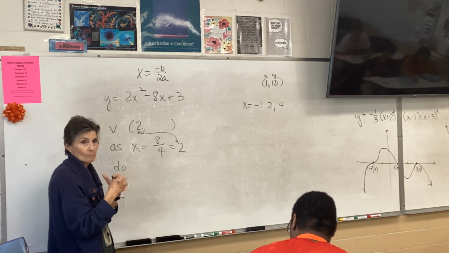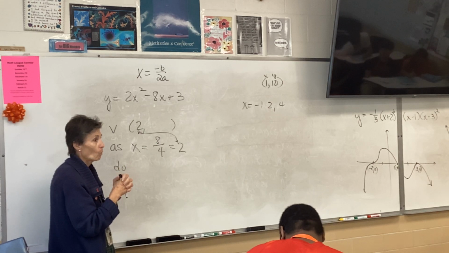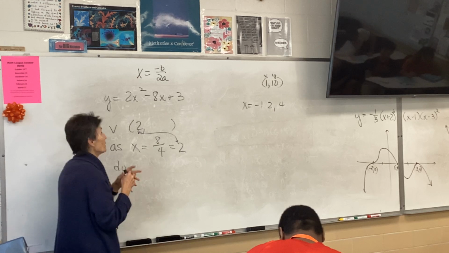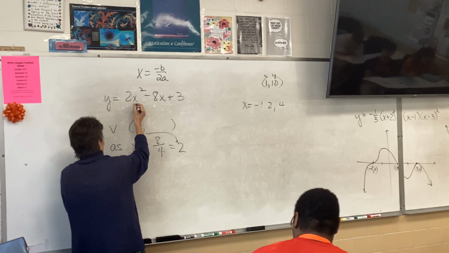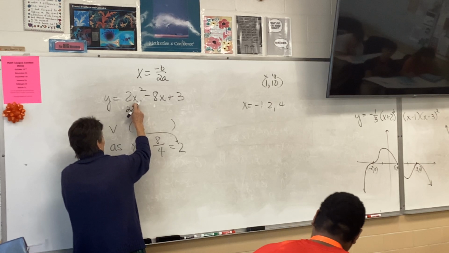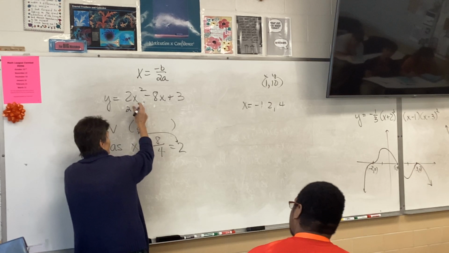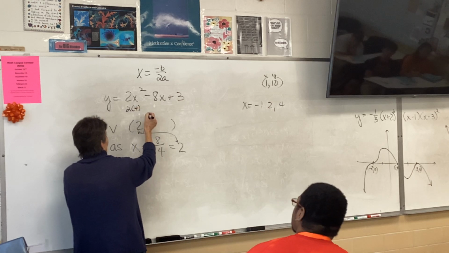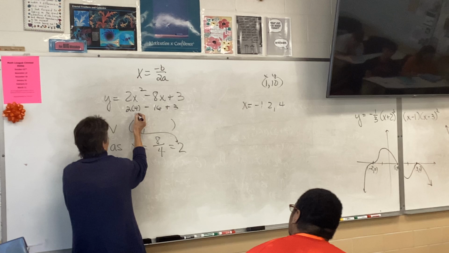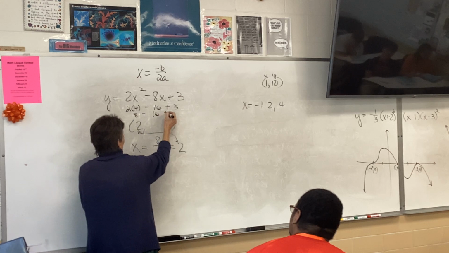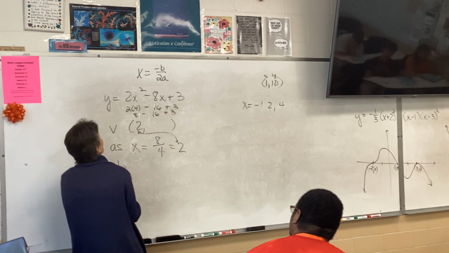So x is 2. How do we find y? We plug in 2. We're going to have 2 squared, which is 4, minus 16 plus 3, so 8 minus 16 plus 3, what is that?